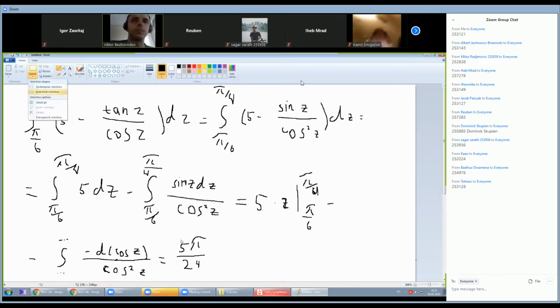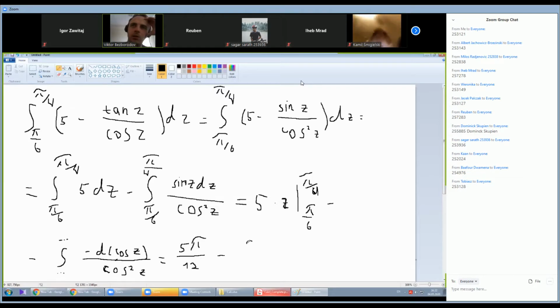Because 1/4 minus 1/6 is going to be 1/12, not 1, so it's going to be 2/24 and 1/12. Okay, and then we have this integral minus.